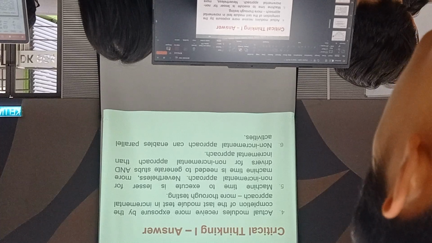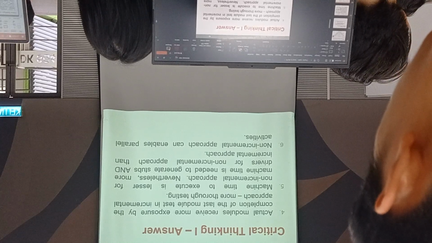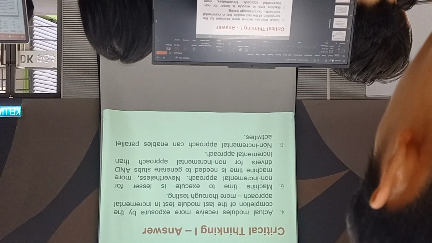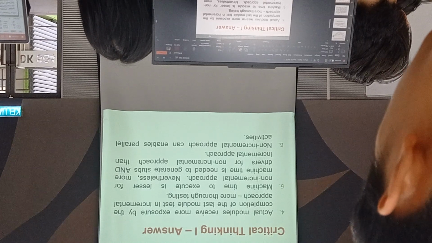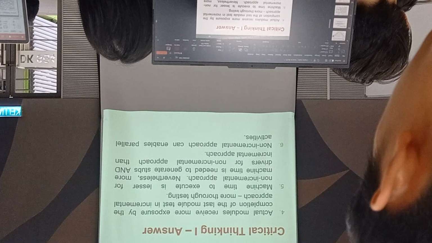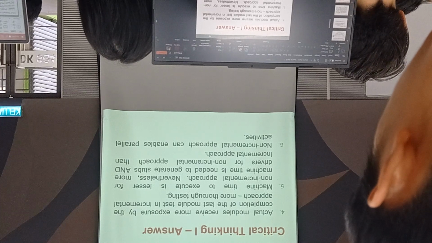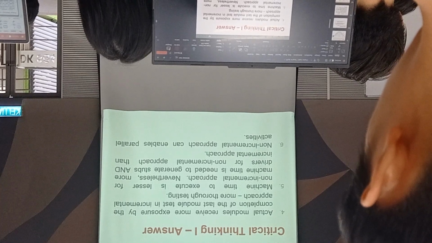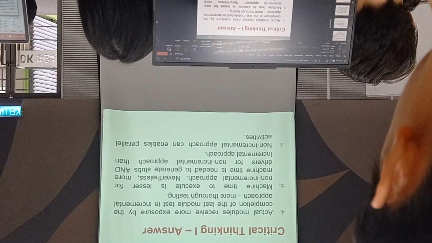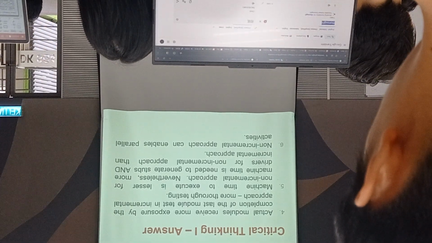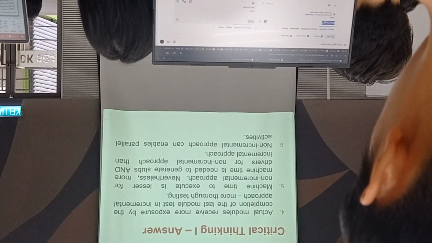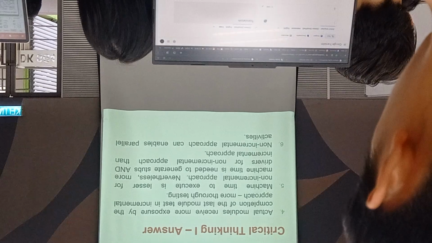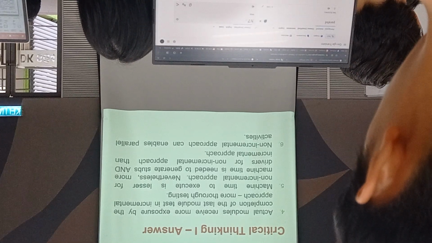Because they don't depend on another module, I can test this one, this one, and this one at the same time. That will never happen in the incremental approach, because you need to wait for the modules to be combined first, then only we can do the testing. So here non-incremental has an advantage. So our score is 5-2.